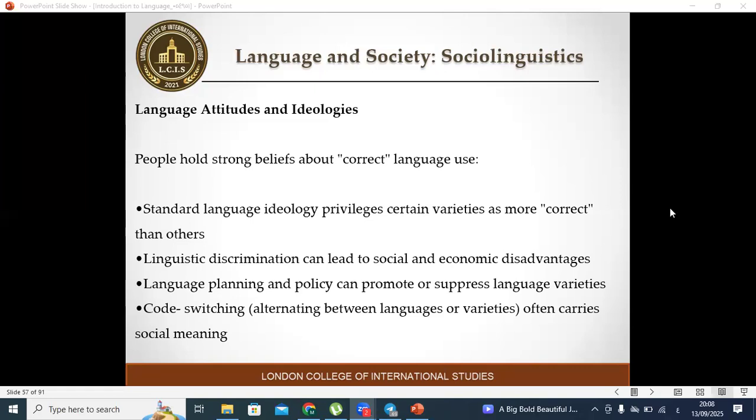Language planning and policy can promote or suppress language varieties. Code switching, alternating between languages or varieties, often carries social meaning.